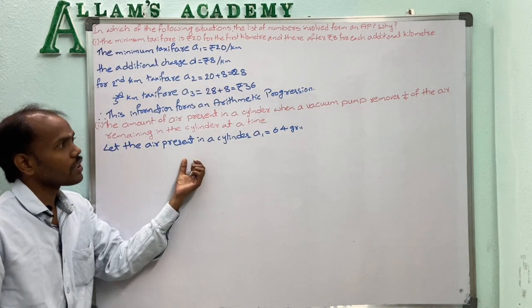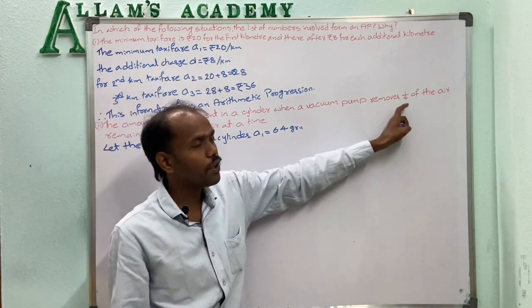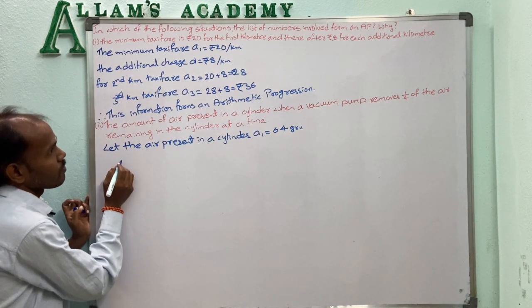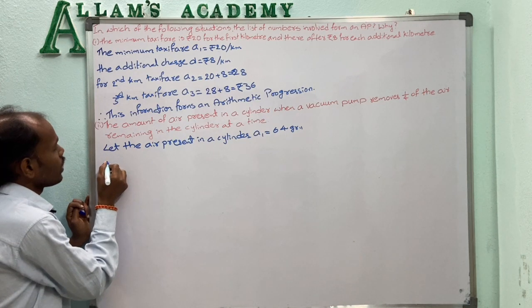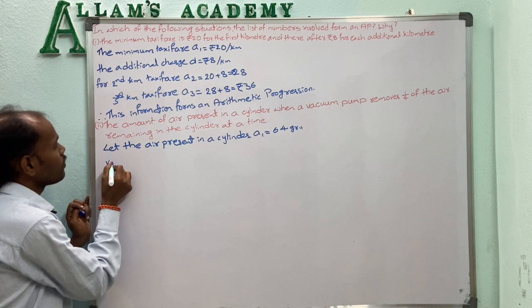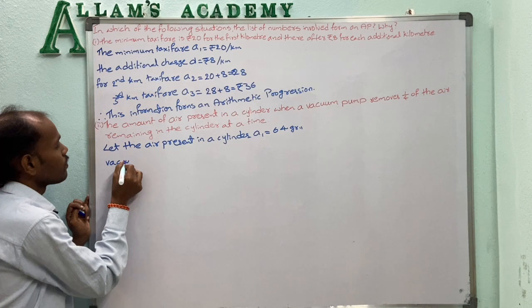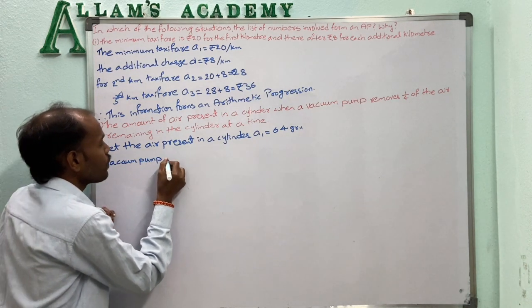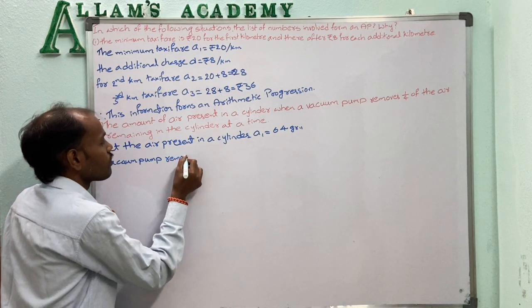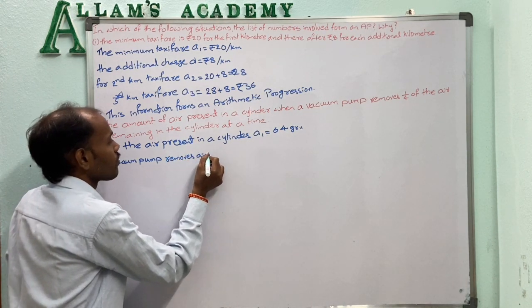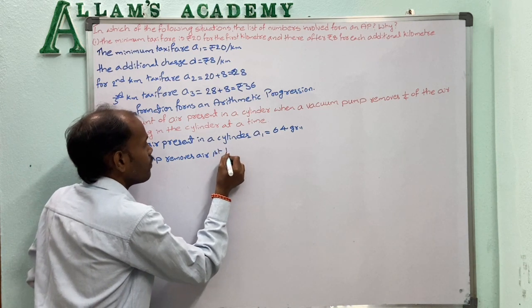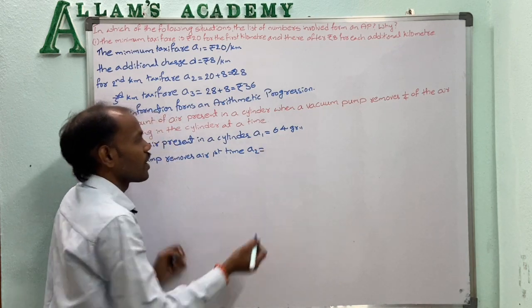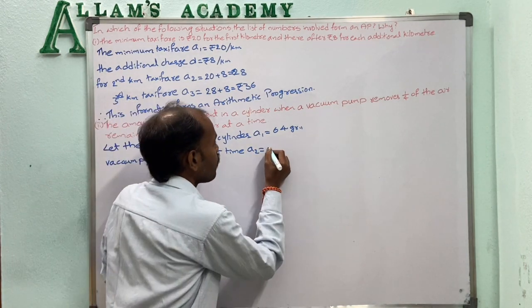So now it will remove 1/4. Now the vacuum pump removes air the first time, that is A2 is equal to 64 times 1/4.